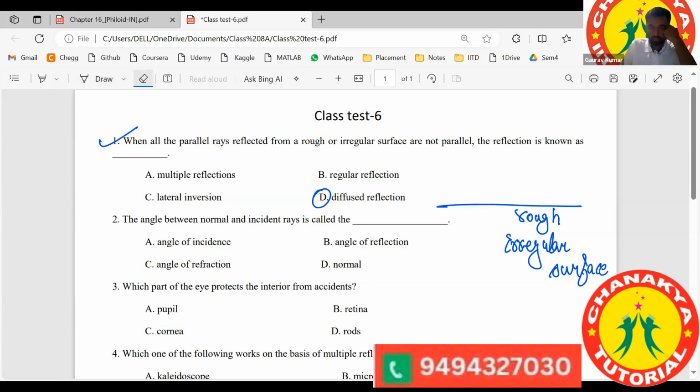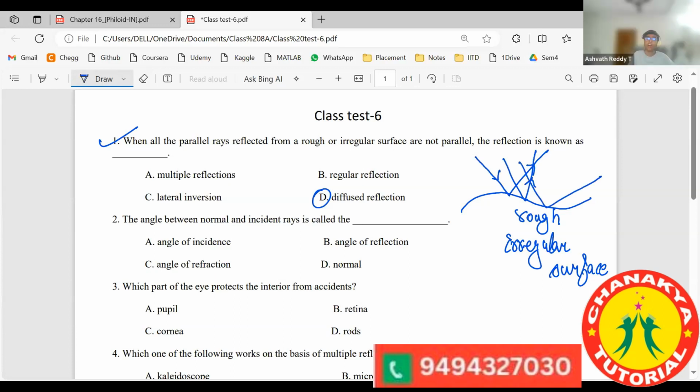If our rays are coming like this, parallel incident rays, their reflected rays will not be parallel. They'll be diffused. They'll be at different angles. Okay.